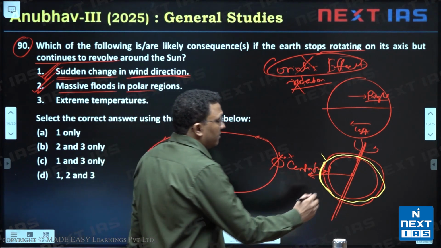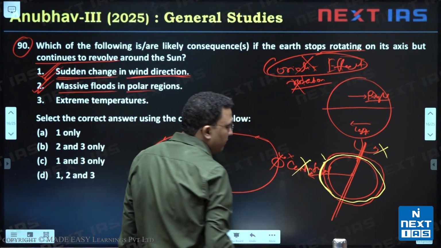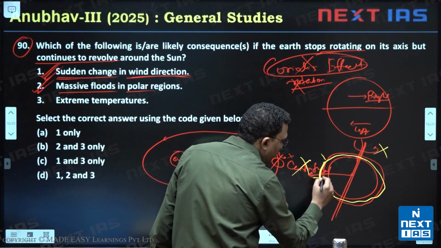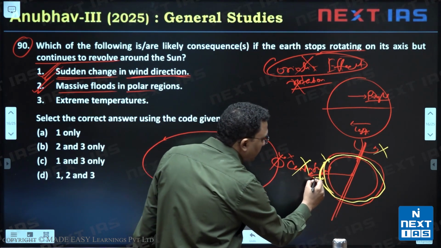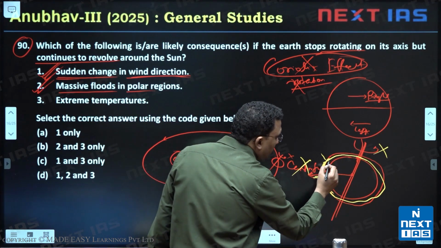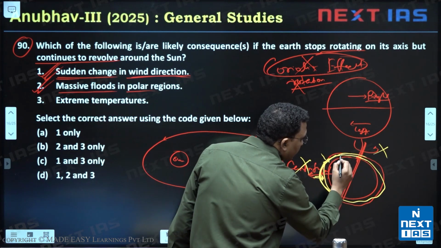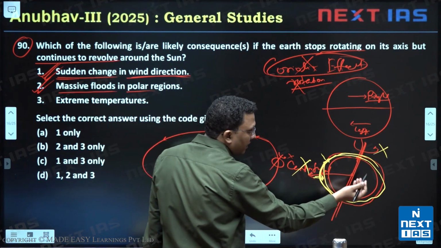Now if the Earth's rotation is stopped, this centrifugal force will be gone, right? So that means this bulge will go down. So the water near the equator will come to this height, it will go down. The excess water from the equator will be pushed towards the pole.